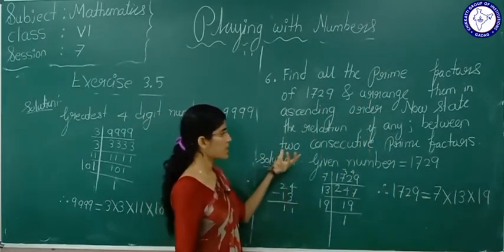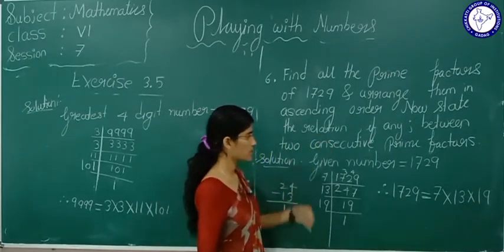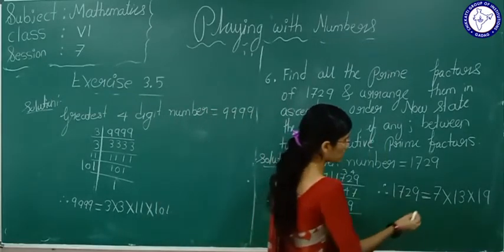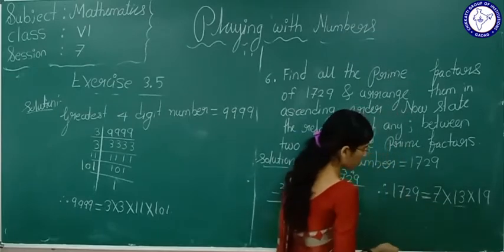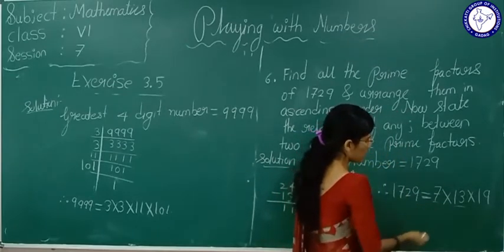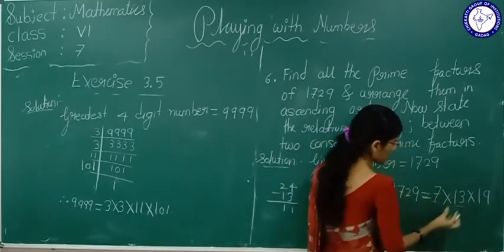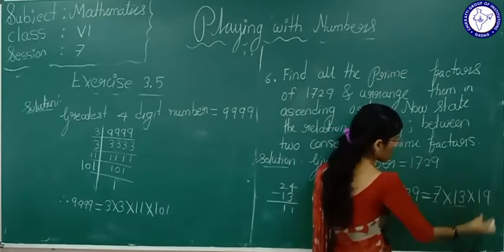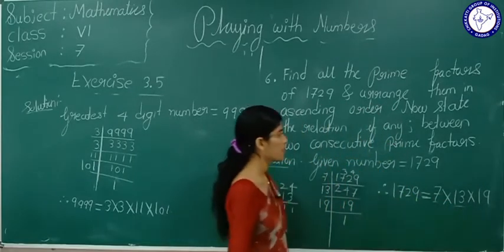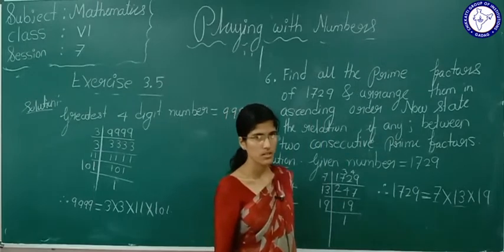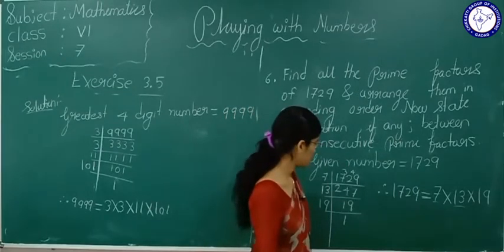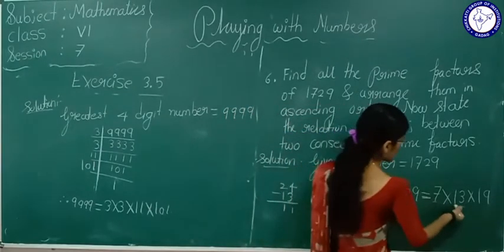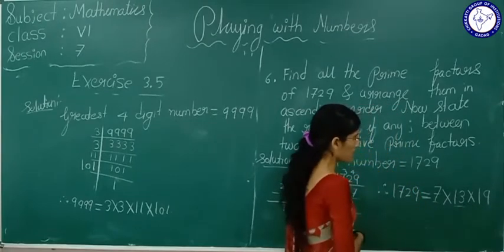Now state the relation, if any, between the two consecutive prime factors. What is the relation between the two consecutive prime factors? Here, what is the relation between 7 and 13? These are consecutive prime factors.